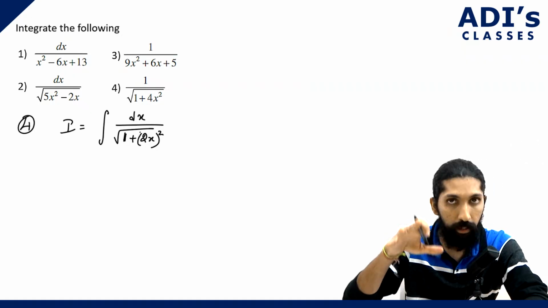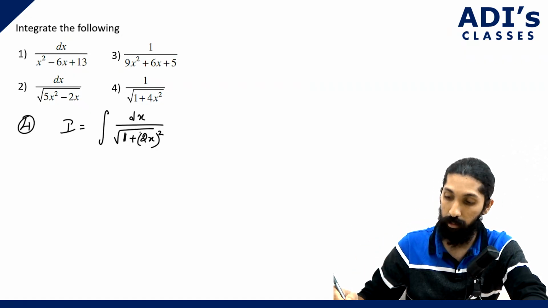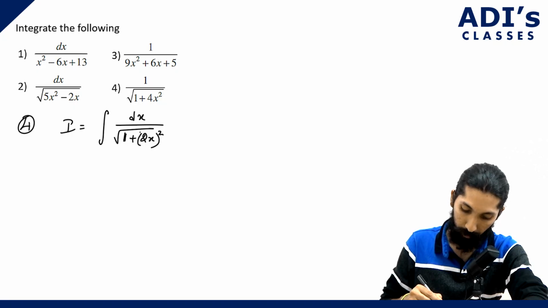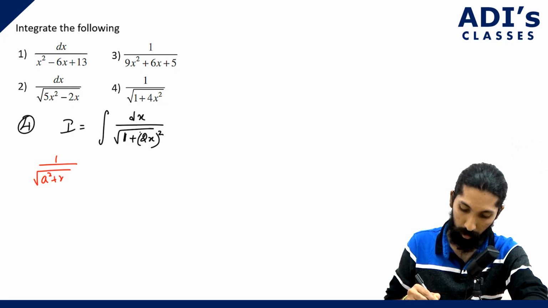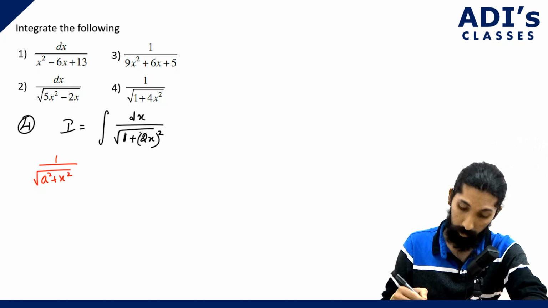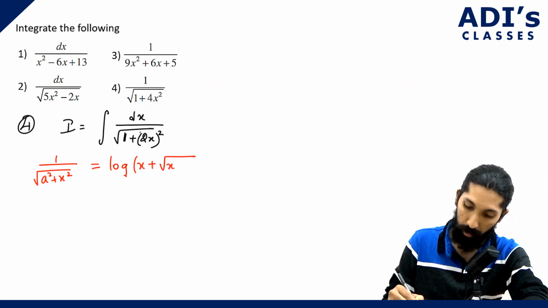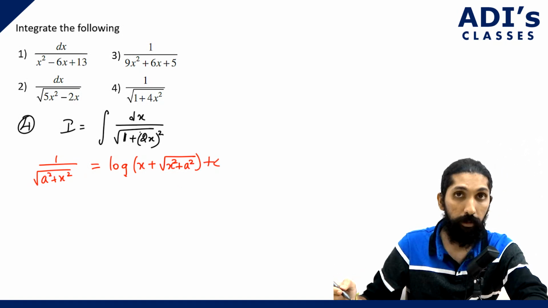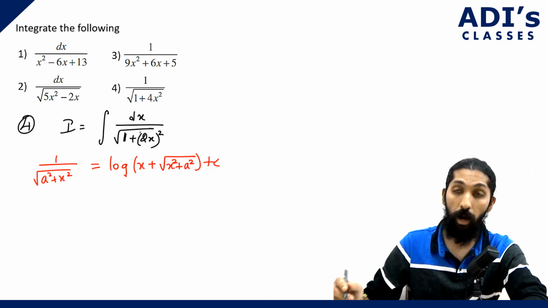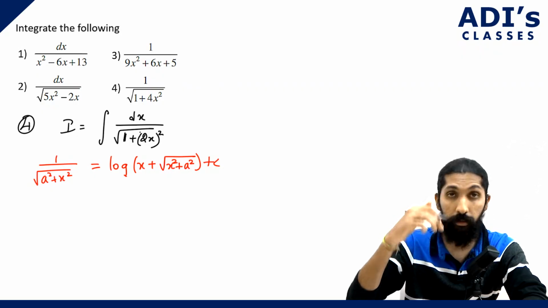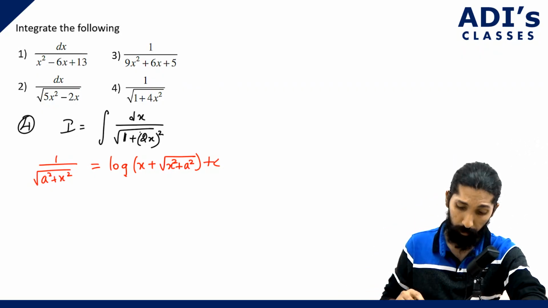See, it's already in the form of 1 by root of a square plus x square, which is what? Log of x plus root of x square plus a square plus c, correct? This is the formula.